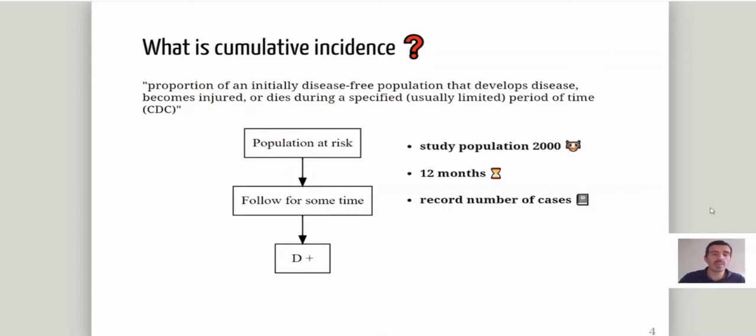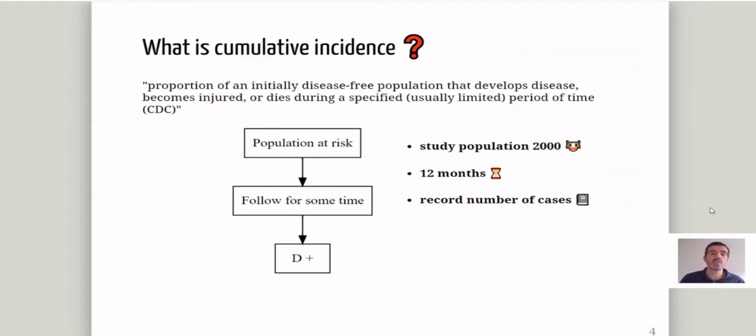So for example, imagine we have 2,000 cows, and these 2,000 cows are free from, let's say, mastitis. And we follow these 2,000 cows for 12 months, and we count the number of cases of mastitis during these 12 months.